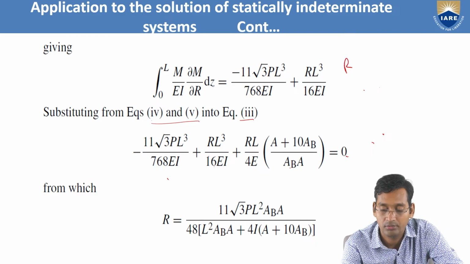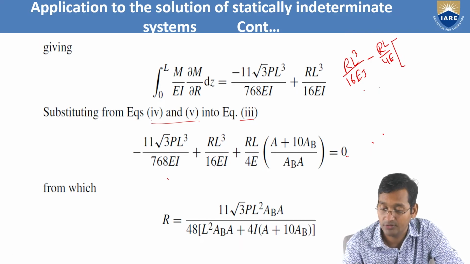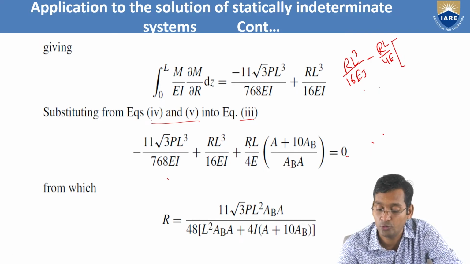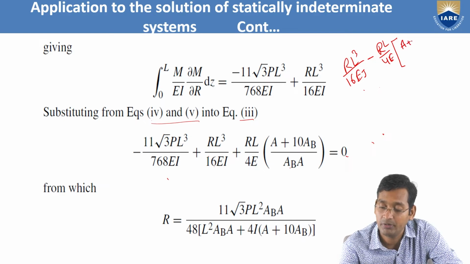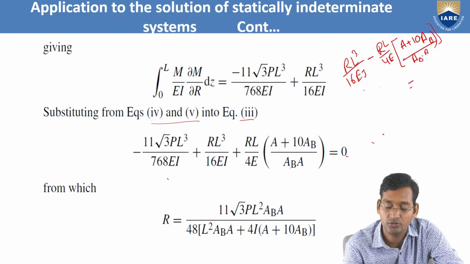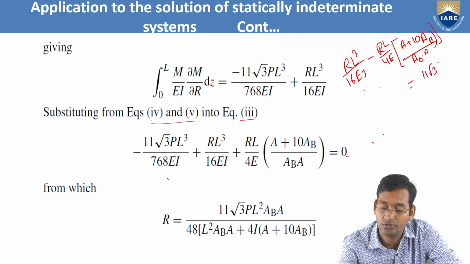So R LQ by 16 EI minus R L by 4 E, with this item will be there 4 E into A plus 10 AB divided by AB substituted into A. That is equal to, this will go that side, so 11 root 3 PLQ by 768 EI.